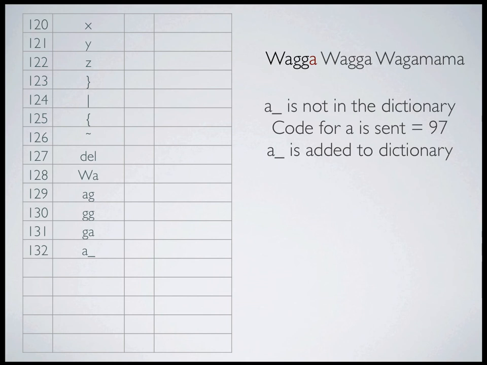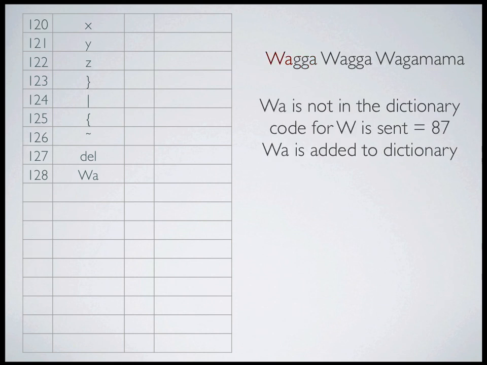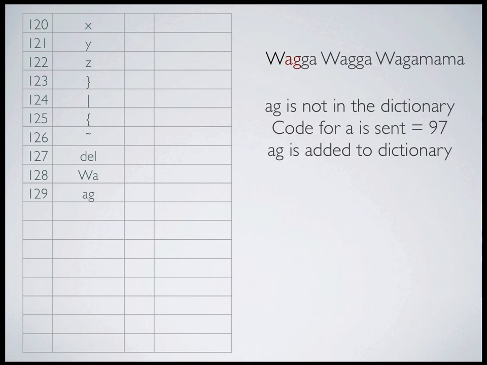By the time we're done, the code for each character has only been sent once. We've sent W, A, G, G, and A. So we haven't done anything we wouldn't have expected so far. We're building up the table as we go, and at the receiving end, the receiver has the cop on to also build up the same dictionary, same table.